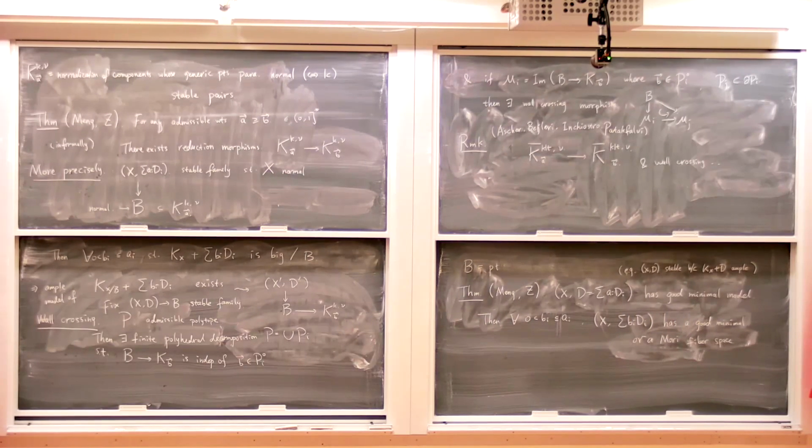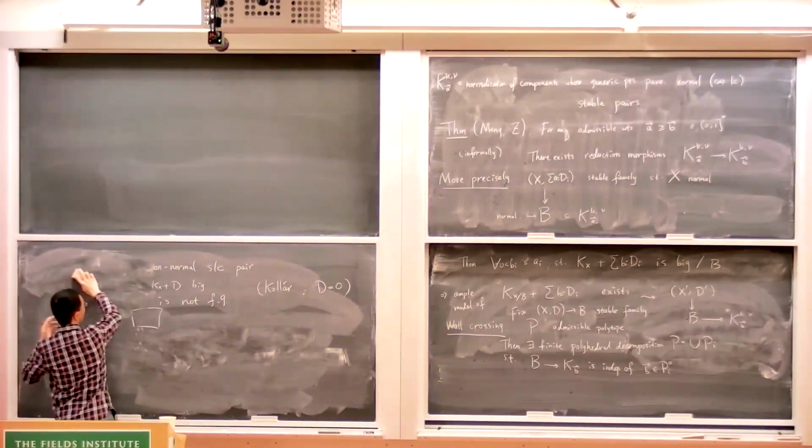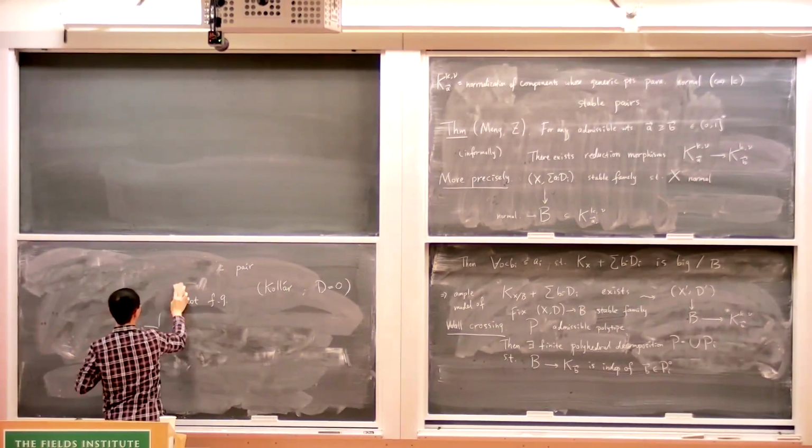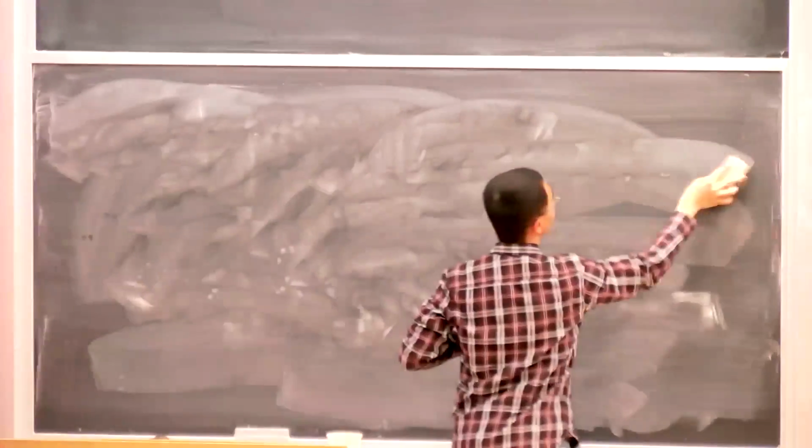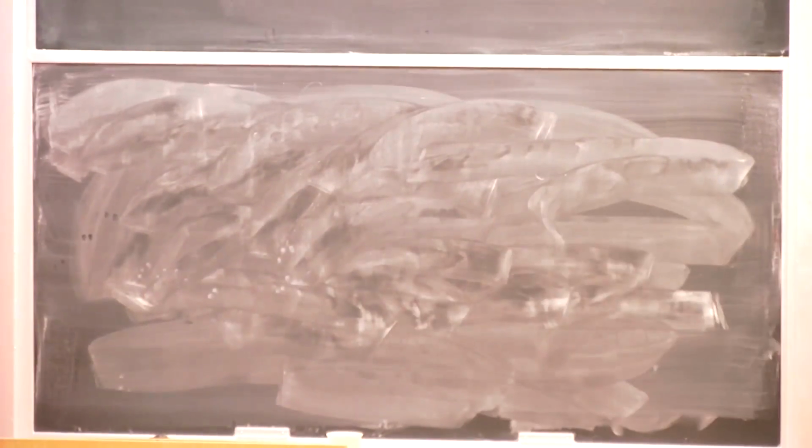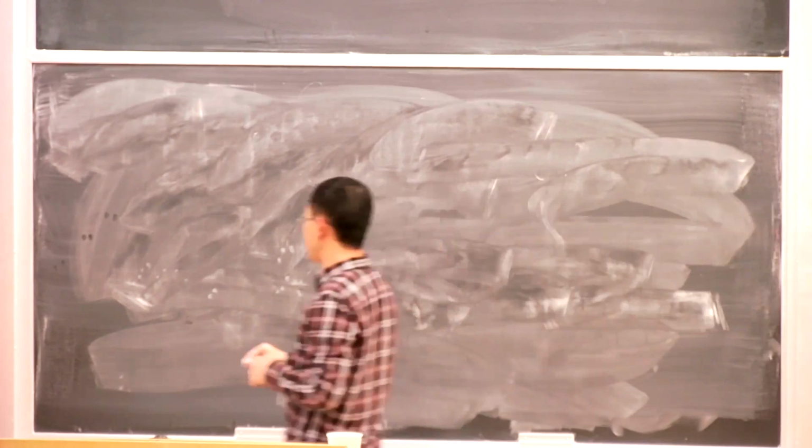But for simplicity, you can just assume the variety is Q-factorial, for instance. Maybe I have to say this again, log canonical, so everything has to be normal. All right, so why is this plausible?